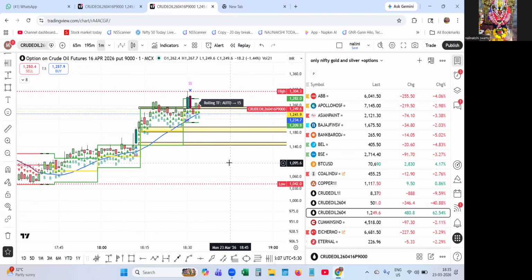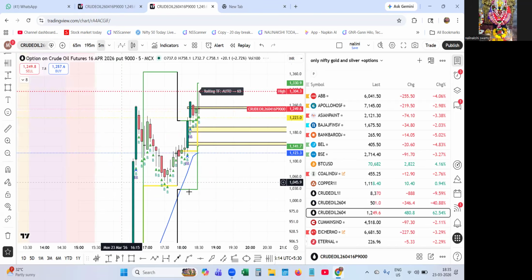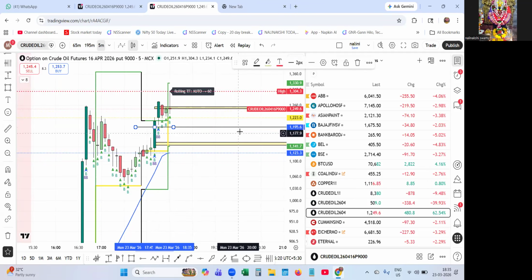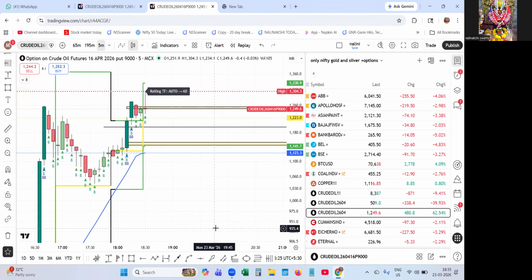Okay. Now change the time frame to 5 minutes and see what it is doing. So you know the support over here. You have marked the support. This is the pivot of the first 15 minutes. So you need not worry. This is the support, right?